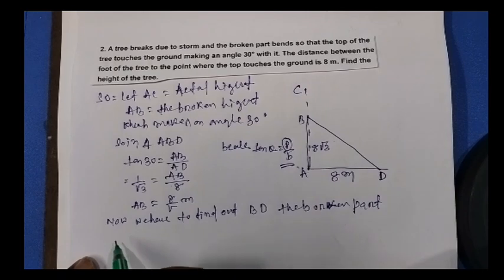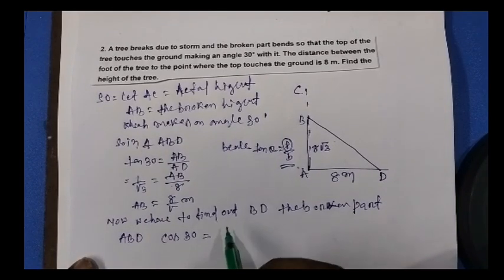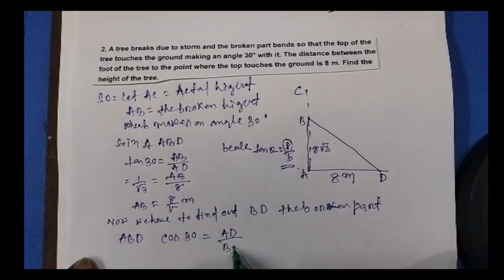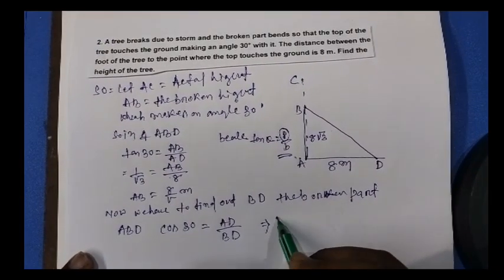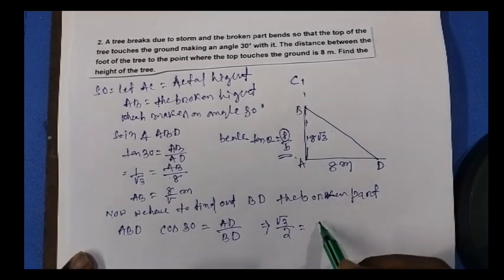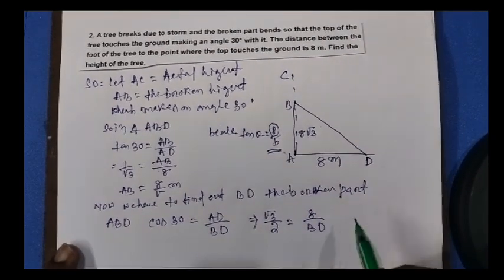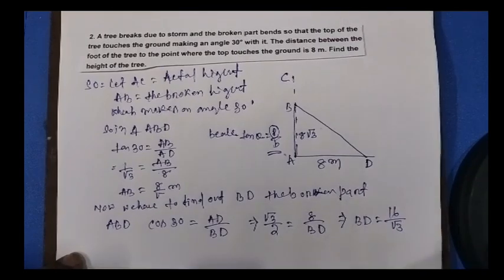For that, in the same triangle ABD, cos 30 is equal to AD by BD, which is root 3 by 2 is equal to 8 by BD, or BD is equal to 16 by root 3.